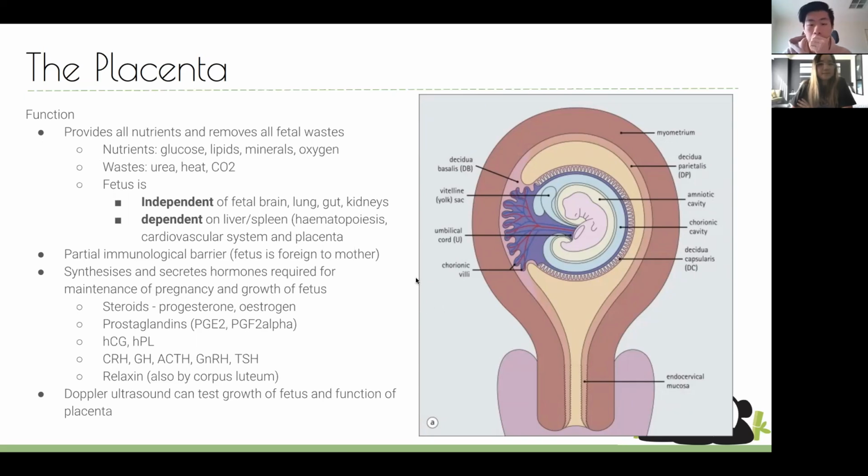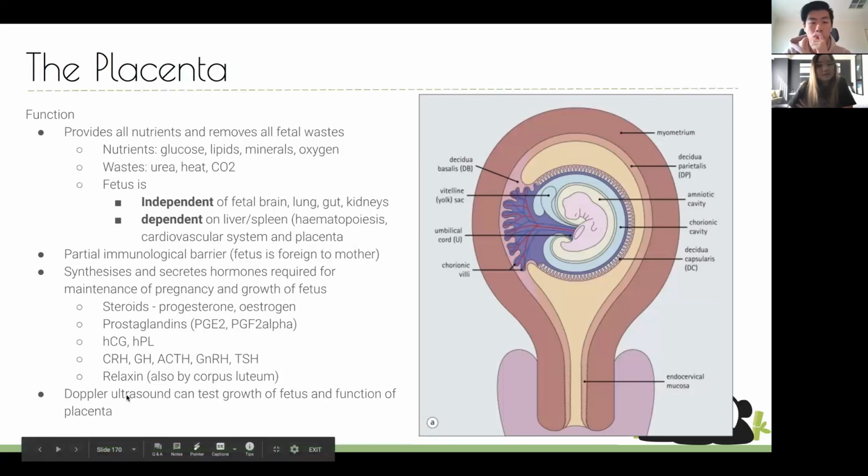It also serves as a partial immunological barrier, as the fetus is foreign material to the mother. So you don't want the mother's immune system attacking your fetus. And it synthesizes some hormones required for the maintenance of pregnancy and the growth of the fetus, such as steroids, prostaglandins, HCG, all of these usually anterior pituitary type hormones, and relaxin.